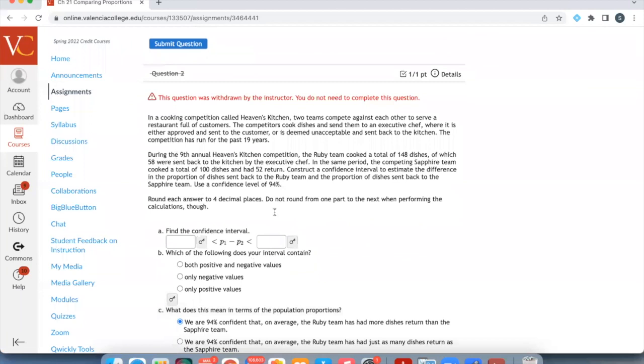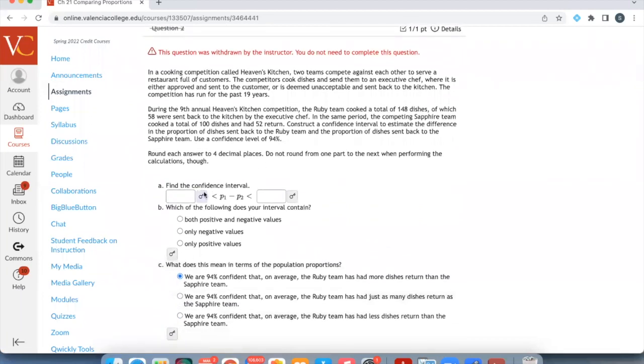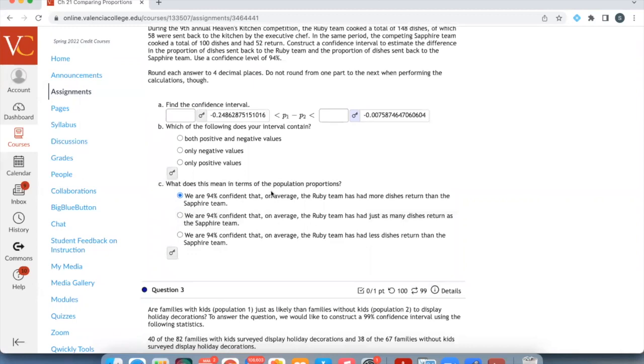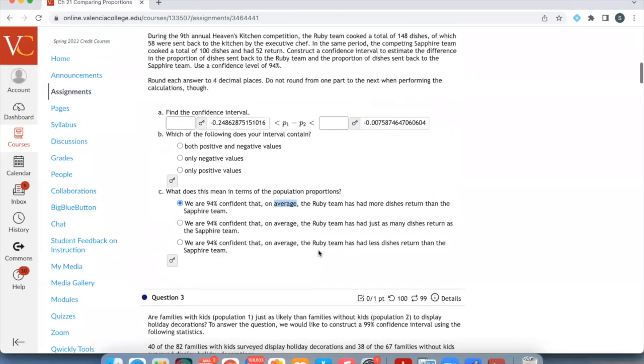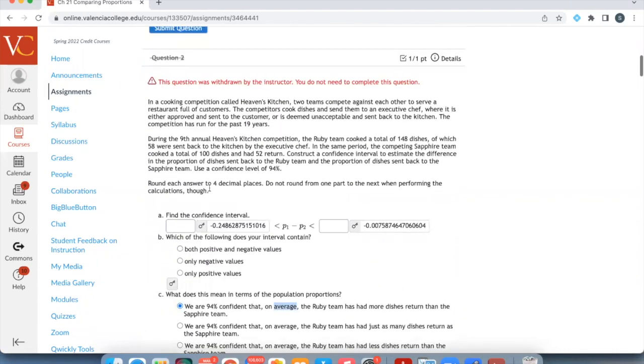Okay, so again, I've withdrawn this question because whoever chose it literally chose it backwards. All our numbers are negative here. And they say the word on average, which they shouldn't say. But let's do it anyways, just so we can get a little more experience here.